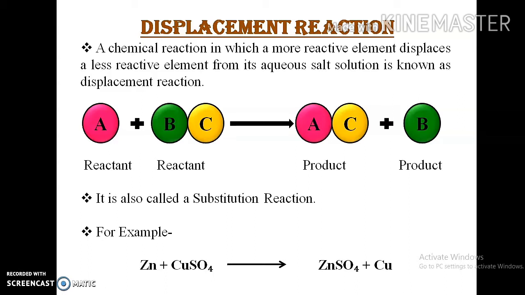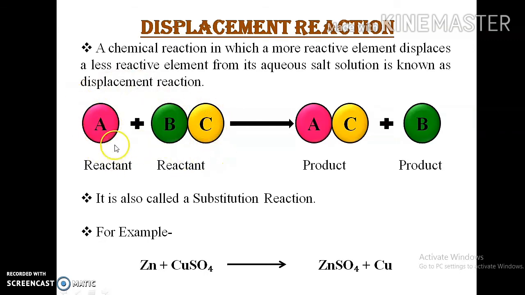Now, displacement reaction. A chemical reaction in which a more reactive element displaces a less reactive element from its aqueous salt solution is known as a displacement reaction. You can see here reactant A, and BC in the same mixture.